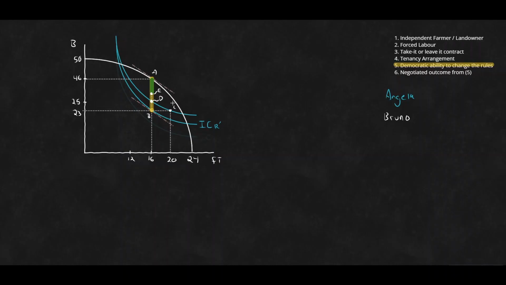Altogether, from point C, if we draw a triangle like this, we could end up absolutely anywhere within this triangle. Anywhere in this triangle would be a Pareto improvement over C, with the highest possible Pareto improvement being somewhere on this line, E to D.